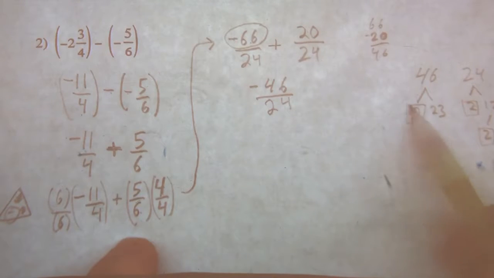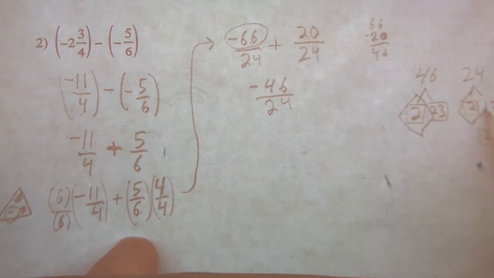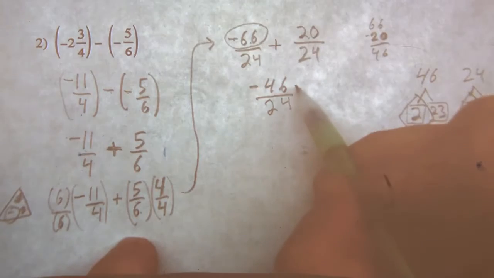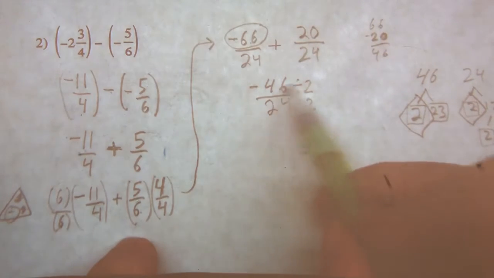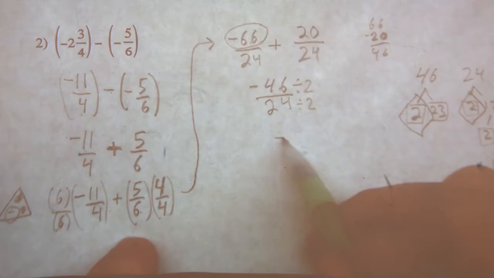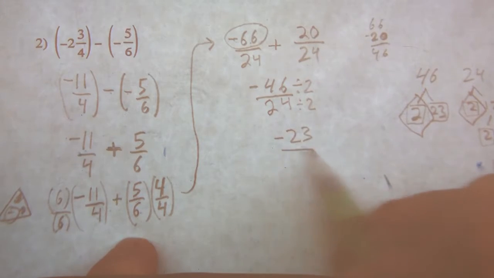And 46 is 2 times 23. So we can see that they share one 2 in common, meaning I could divide numerator and denominator by 2. So 46 divided by 2 is going to be 23. So negative 23, don't lose that negative.